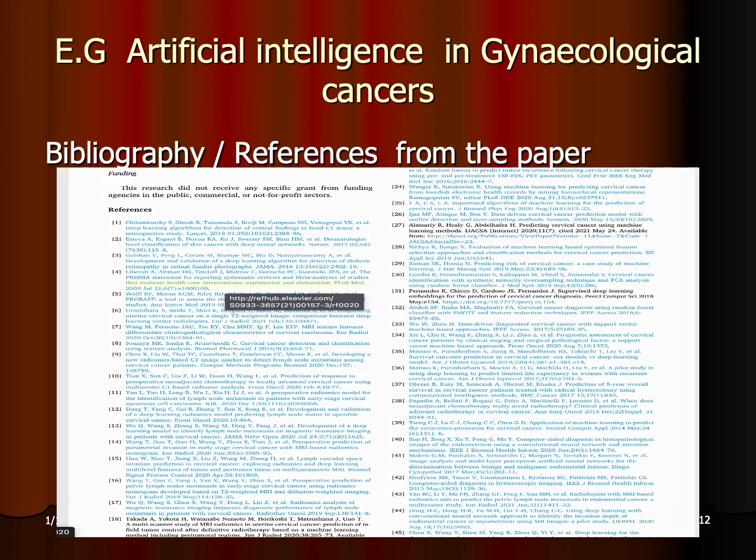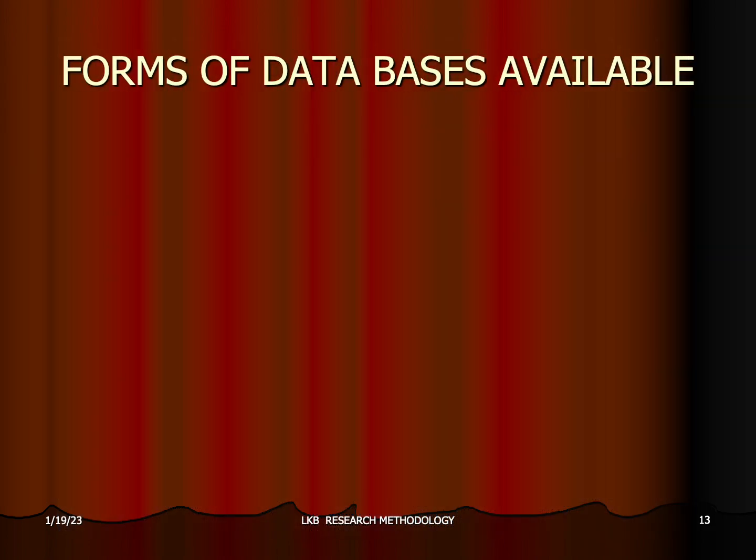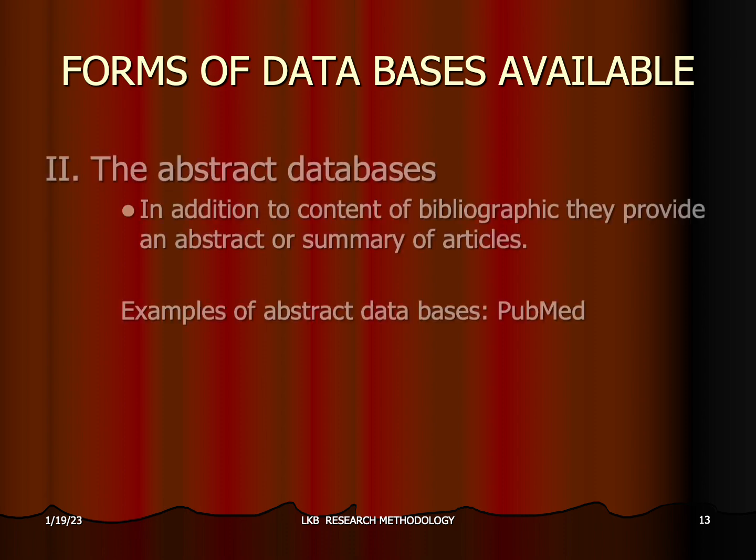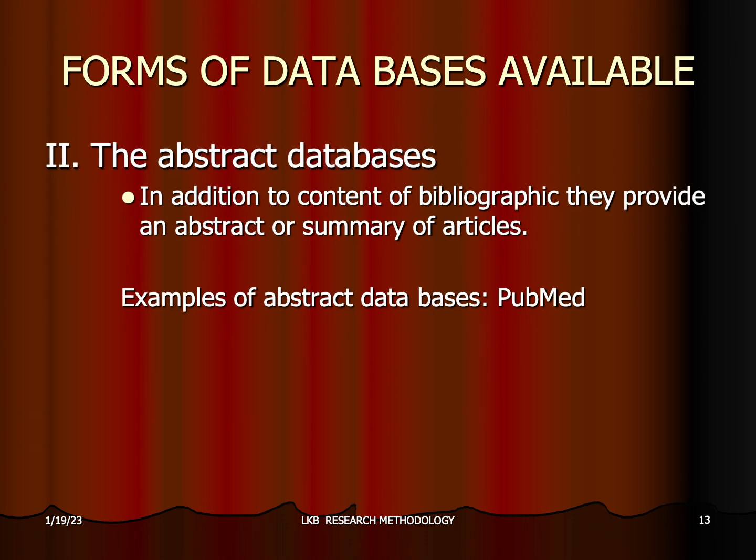Okay. So the other databases available are the abstract databases. In addition to the bibliographic information, abstract databases have a little bit more information in that they provide an abstract or summary of the article.